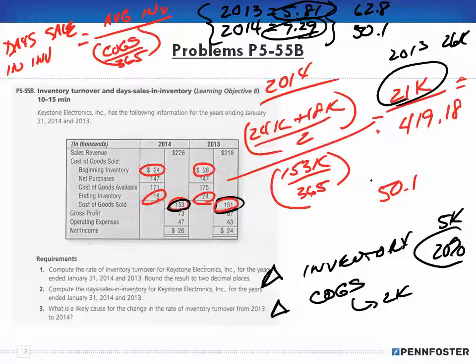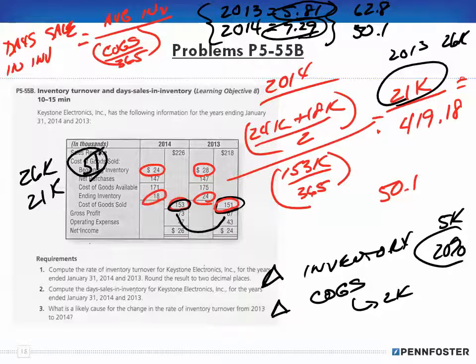Even though the numbers look relatively close together, when you're trying to figure this out, you say, oh, well, the difference between 153 and 151 is 2,000, and the difference between 26,000 for 2013 on the inventory and 21,000 for 2014 is only about 5,000. It doesn't seem like much, because you're talking about 5,000 versus 2,000.